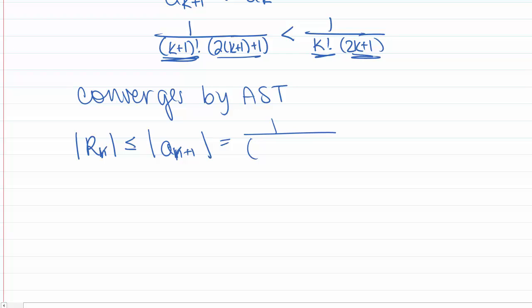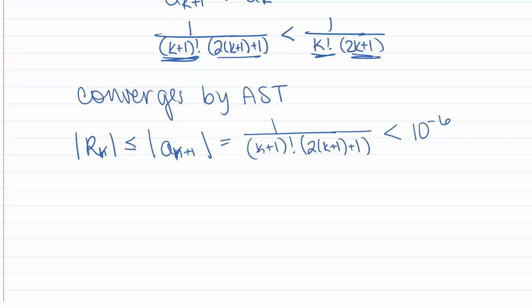So the remainder r sub k is less than or equal to a sub k plus 1, which is 1 over k plus 1 factorial times 2 times k plus 1 plus 1. So now, if we want an error of no greater than 10 to the negative sixth, we want to make this number less than 10 to the negative 6th, since we know our error is less than that.